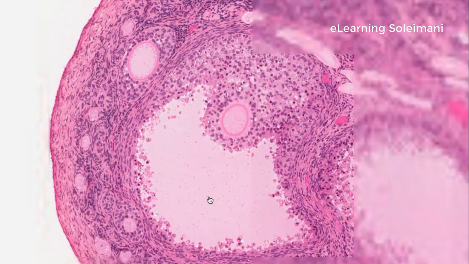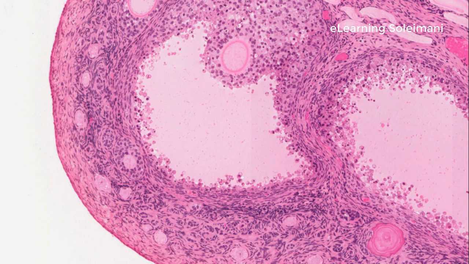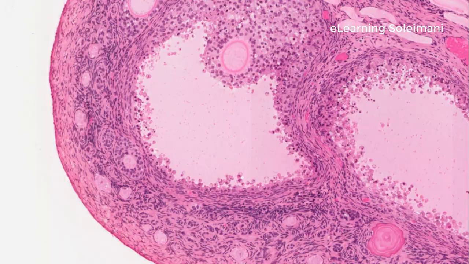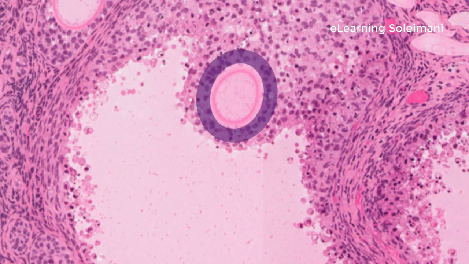The cluster of granulosa cells that remains around the oocyte is known as the cumulus oophorus, or the egg-carrying hill. Corona radiata cells refer to the part of the cumulus cells just next to the oocyte, closely connected to it, which is in direct contact with the zona pellucida of the oocyte.